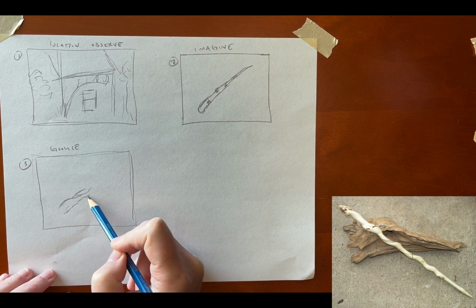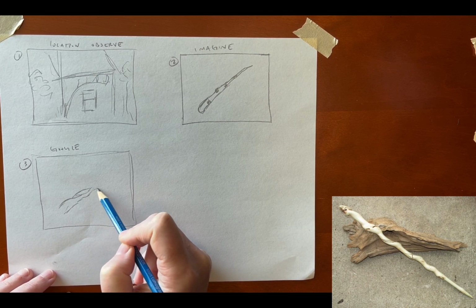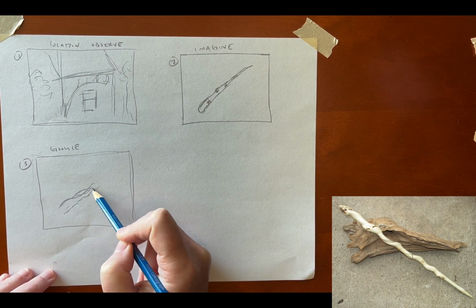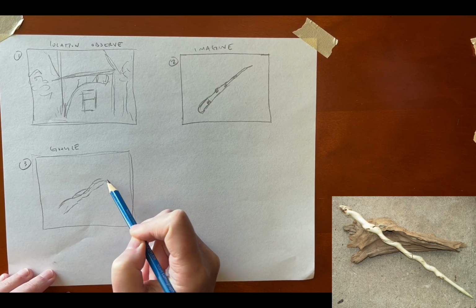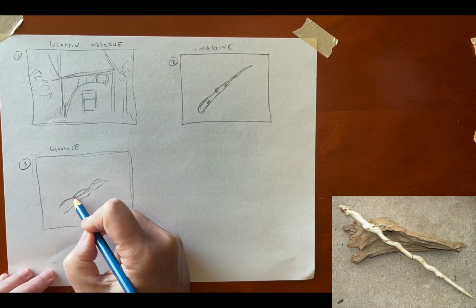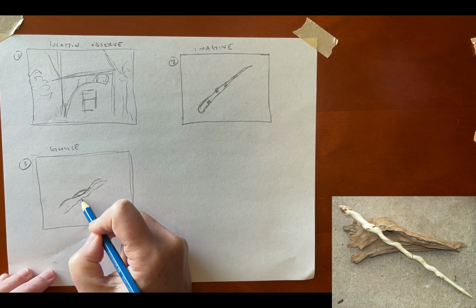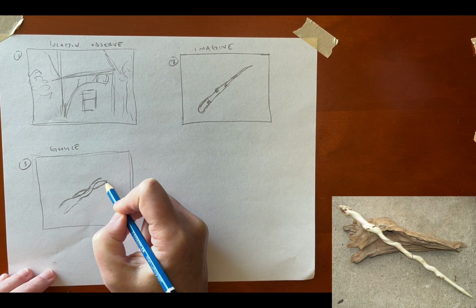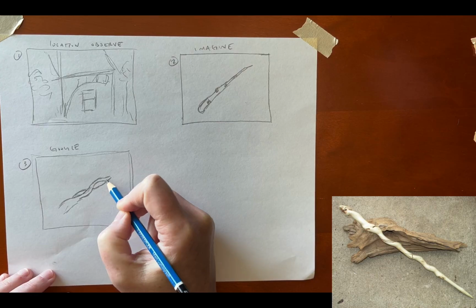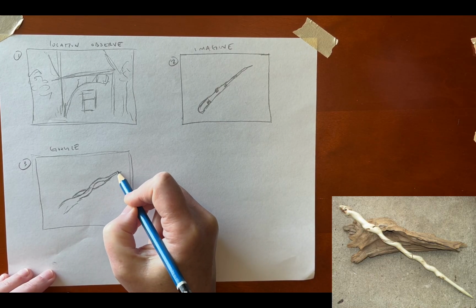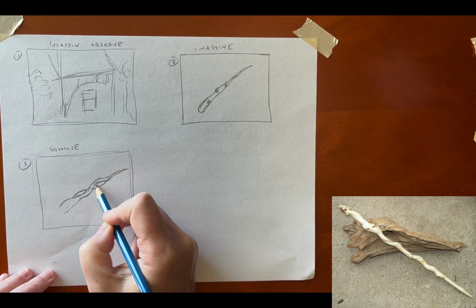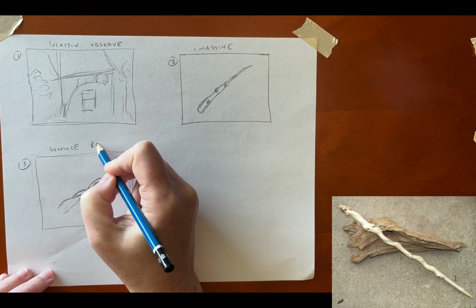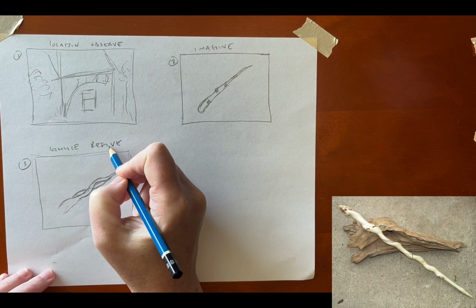And I thought that's really cool, but I didn't know how to draw that from my imagination. So I'm gonna add a little twisting on here to make it look like that, and then get the whole shape down. So now I'm just refining my imaginary object.